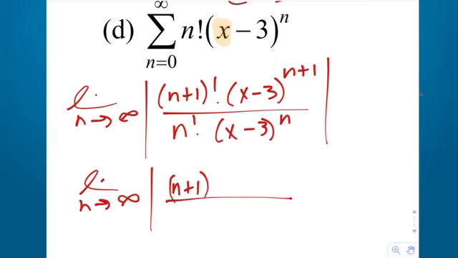And so the n factorials would divide out. So they're gone. And then my x minus 3s, do I have more of them in the top or bottom? Top. How many more? 1. So I'm just left with x minus 3 in the top. So I really don't need this shelf. Go. So remember, x minus 3 is a constant, essentially, at this point.